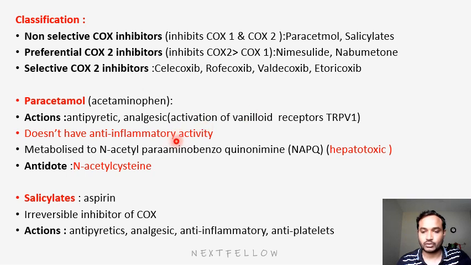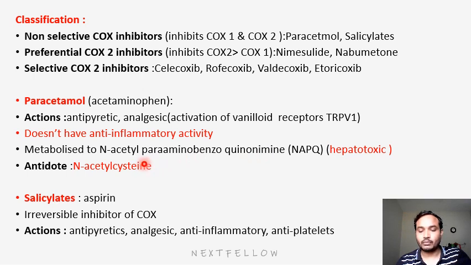This is an MCQ. Normally we expect anti-inflammatory activity too, but paracetamol doesn't have it, only antipyretic and analgesic effects. It is metabolized to produce one toxic agent, NAPQI, N-acetyl-para-benzoquinone imine, a hepatotoxic metabolite. With a high dose, that is paracetamol toxicity, and we give the antidote N-acetylcysteine.